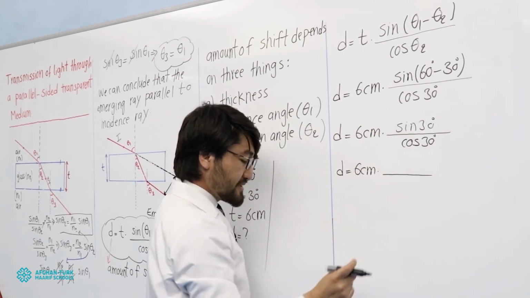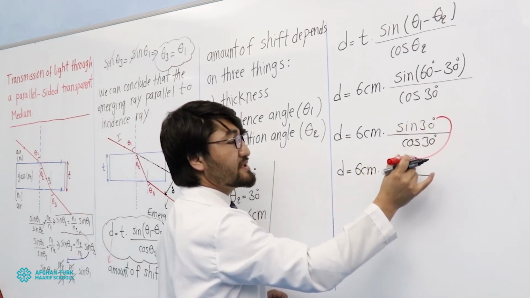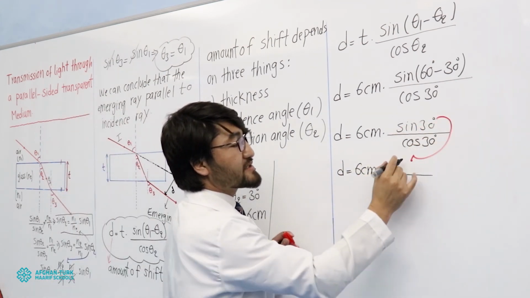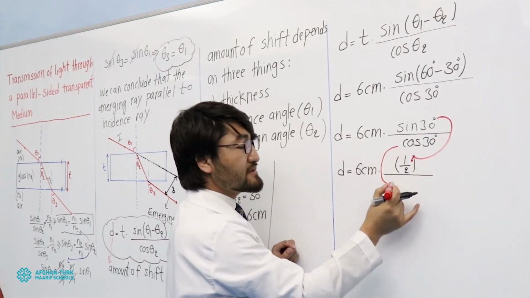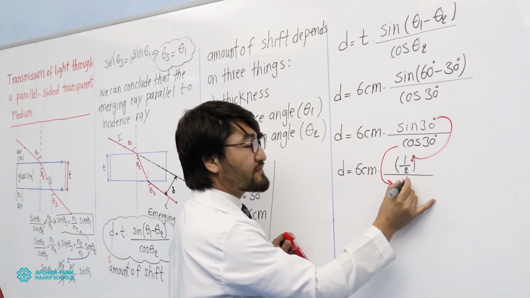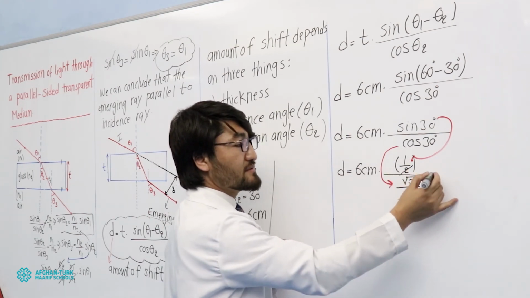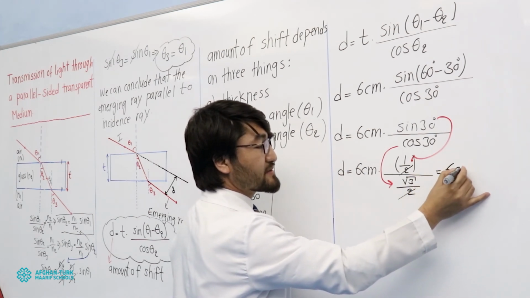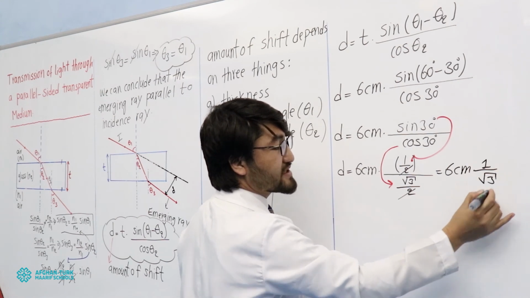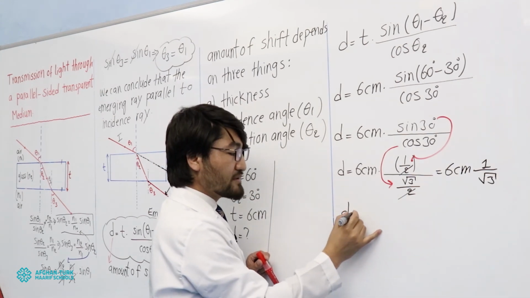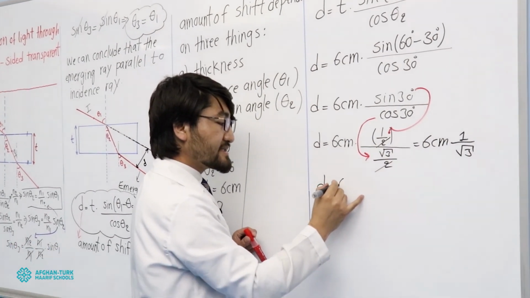What is sine 30? You know, my students, what is sine 30? Sine 30 is 1 over 2. What is cosine 30? The root of 3 over 2. We finish: 2 over 2 cancels, and D is equal to 6 centimeter times 1 over the root of 3.